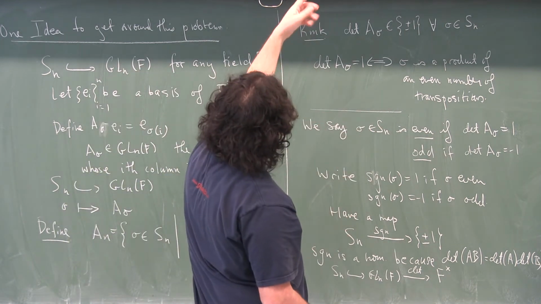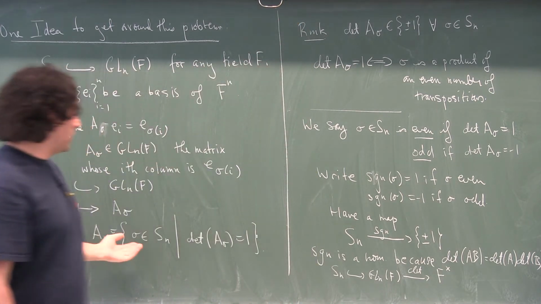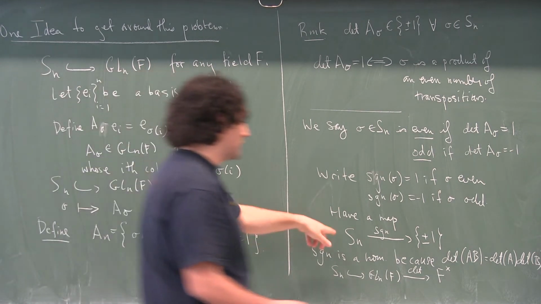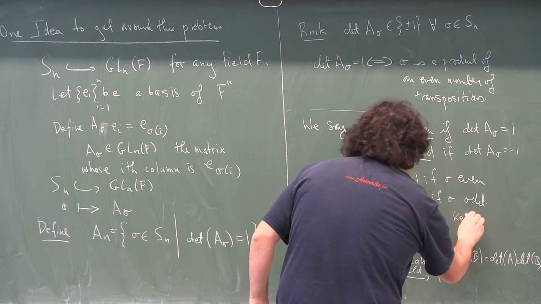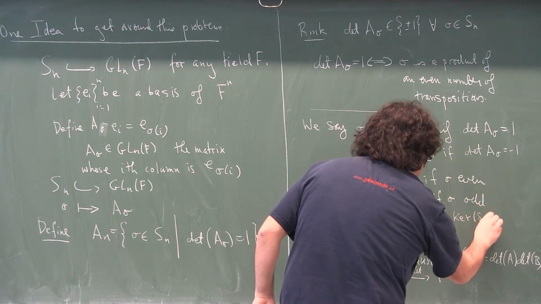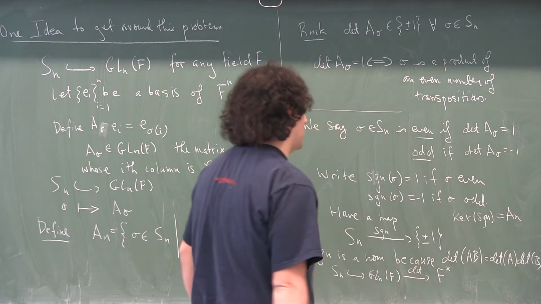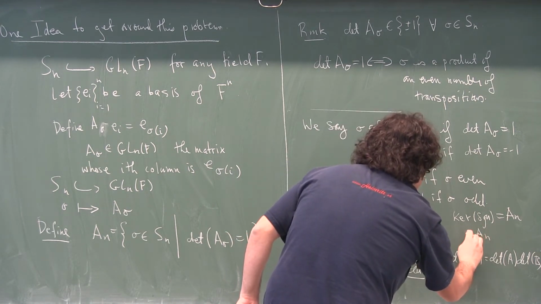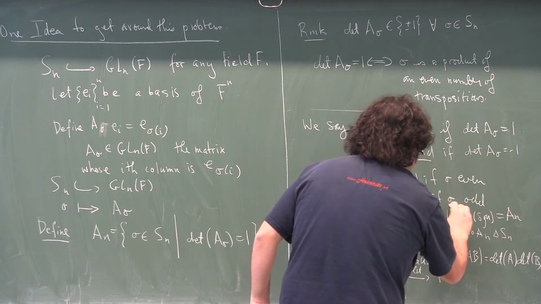And the definition of An here as being the things with determinant 1, that is the even things, is saying by definition that the kernel of this sign map is equal to An, the alternating group, and so in particular An is normal in Sn.